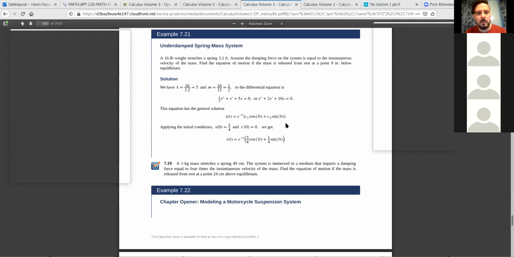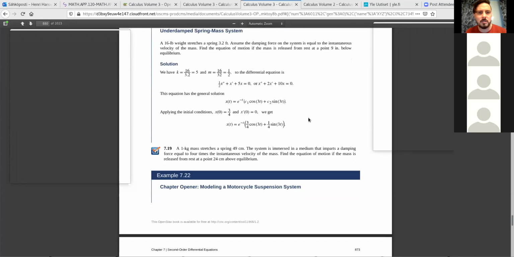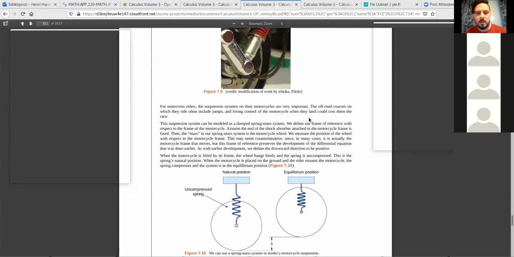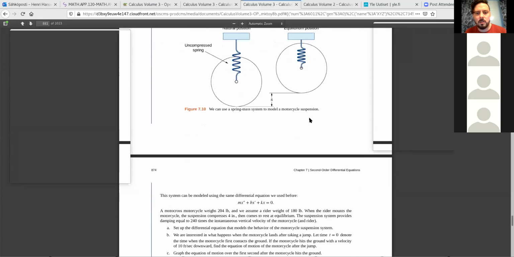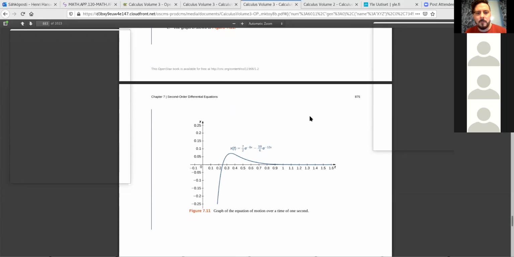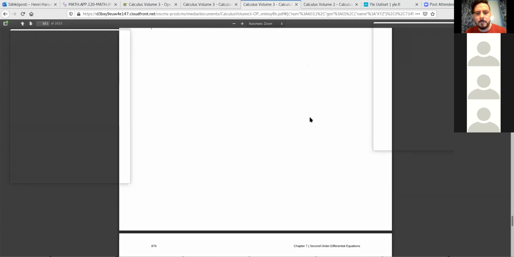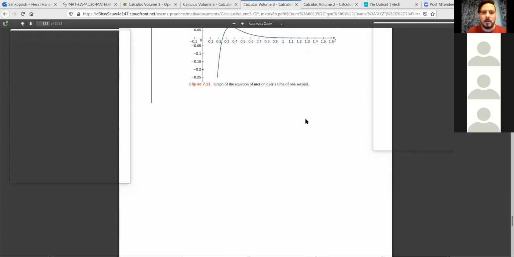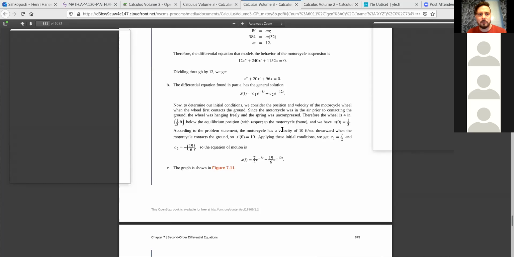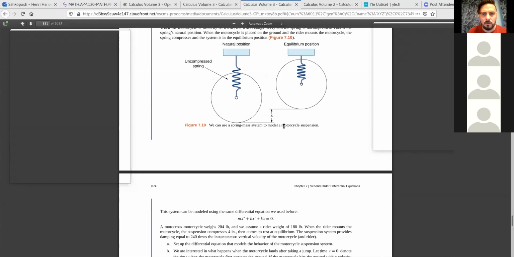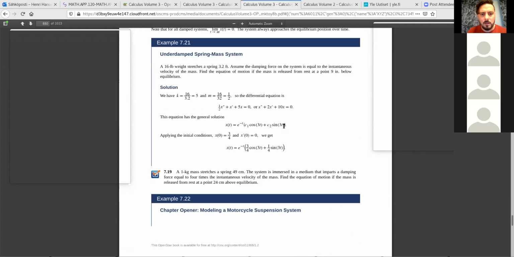We don't have time, sadly, to discuss this, but then there are the under damped, over damped, and critically damped situations. Look at those. It's actually a very nice situation.